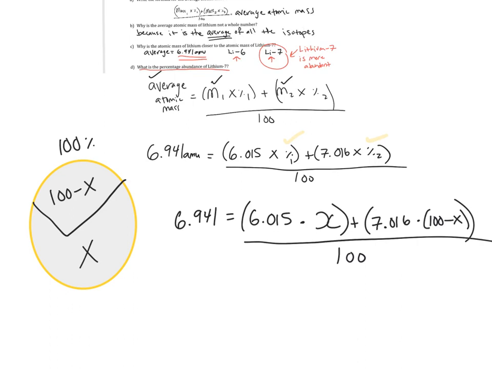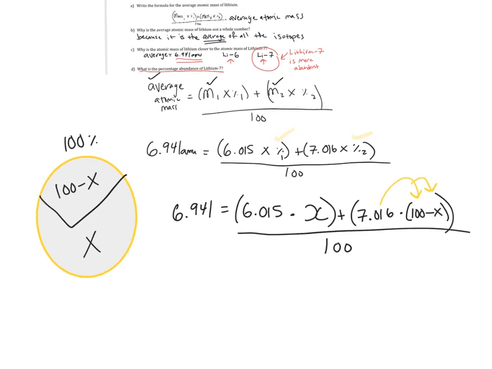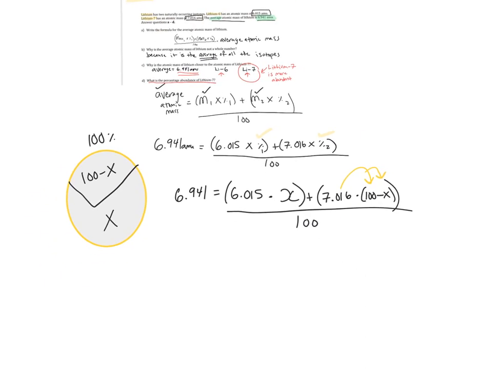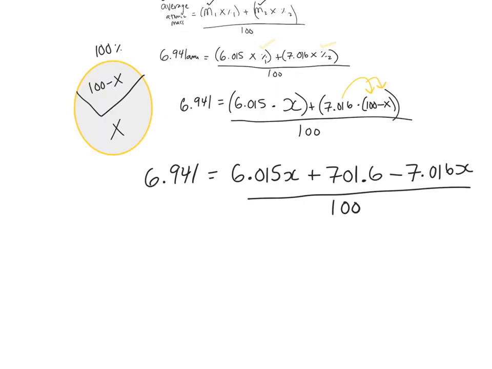Don't think this is too tricky. It's not very difficult, but you do need to distribute here. Go ahead and solve, and I will pause the video and solve myself. When I distribute, I get this. Now I will combine the x's together.